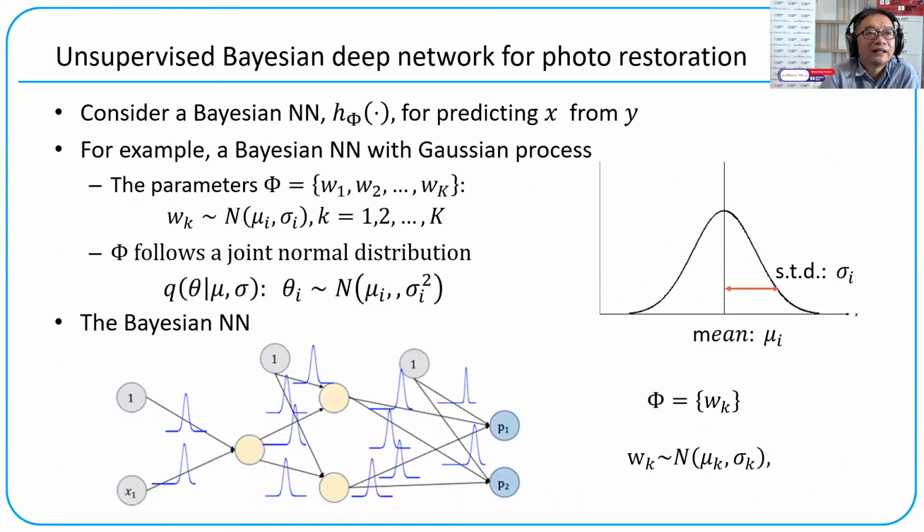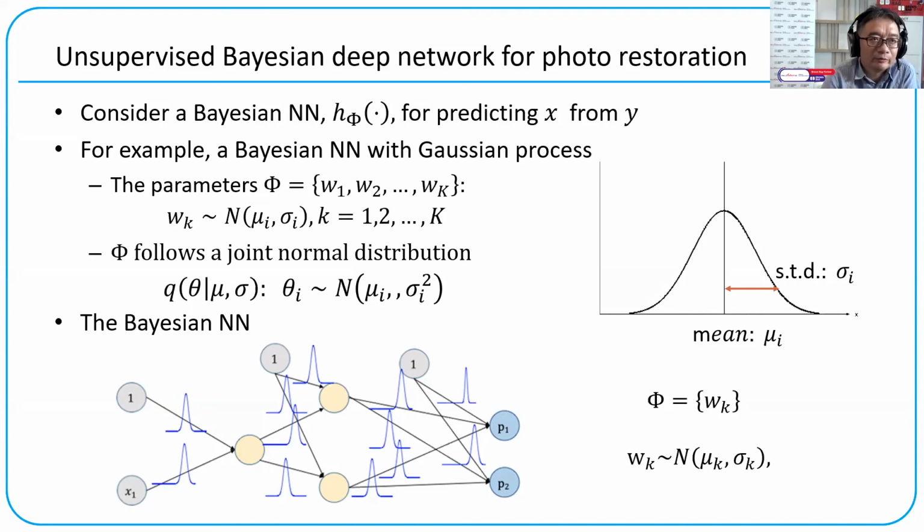The idea is that I can use a network, a so-called Bayesian network. My weights are different from the ones I described ten slides before. Every weight now is a random variable, like a Gaussian. Remember, we know what a Gaussian function is.